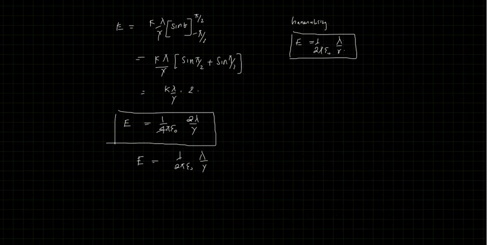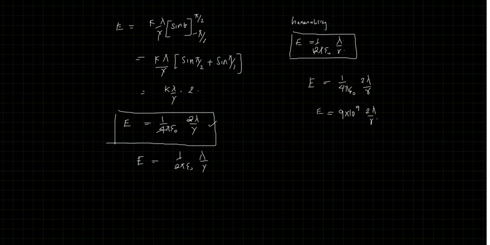The better way to write this expression would be multiplied by 2. This expression is the better way to write it, because then this quantity becomes 9 into 10 to the power 9. That means I can write 1 by 4 pi epsilon naught 2 lambda by r. This is the better way. That means 9 into 10 to the power 9 into 2 lambda by r.